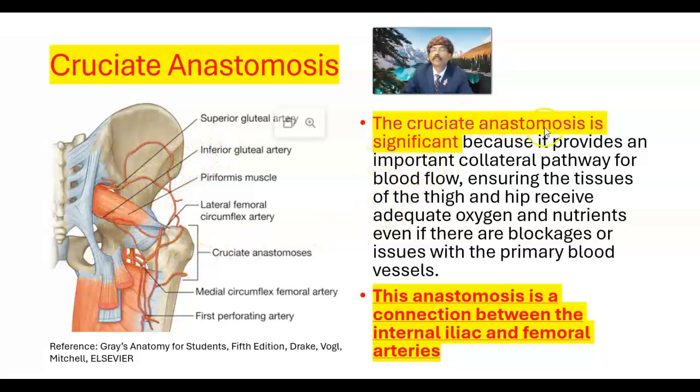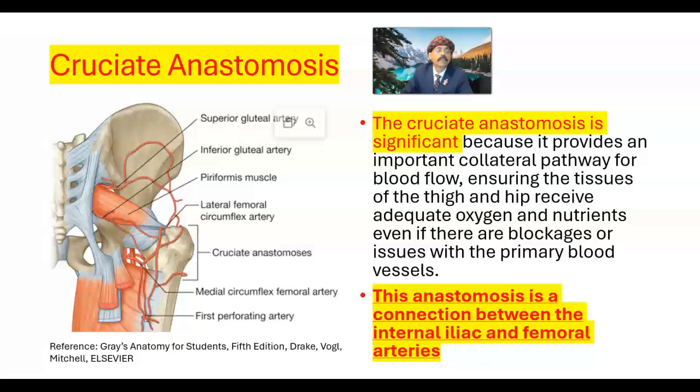The cruciate anastomosis is significant because it provides an important collateral pathway for blood flow, ensuring that tissues of the thigh and hip receive adequate oxygen and nutrients even if there are blockages or issues with the primary blood vessels. This anastomosis is a connection between the internal iliac and femoral arteries.